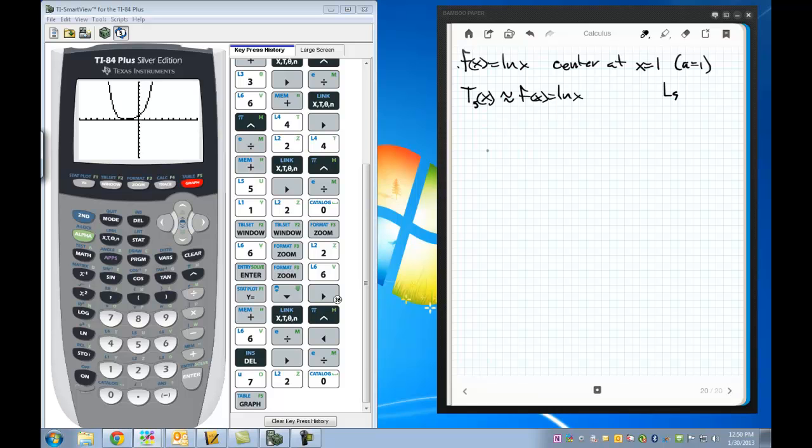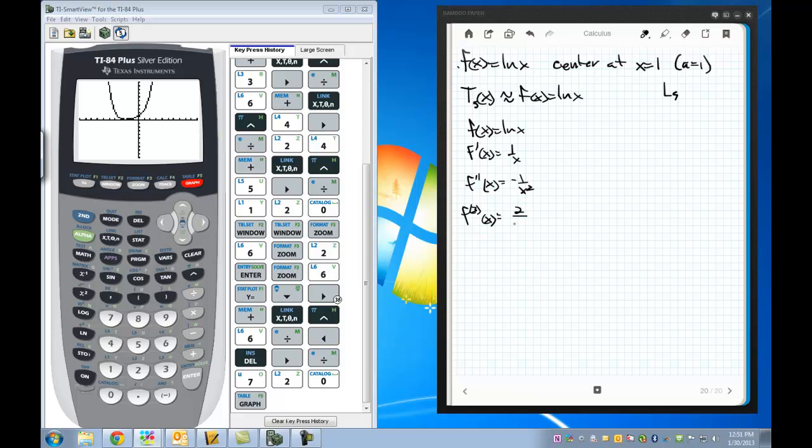So that means we're going to have to take how many derivatives? We're going to theoretically have 6 terms, and we're going to take 5 derivatives. But that's not bad. Let's do it all at once, shall we? So f of x equals ln x, right? F prime of x is equal to 1 over x. F double prime of x is equal to negative 1 over x squared. The third derivative is equal to what?